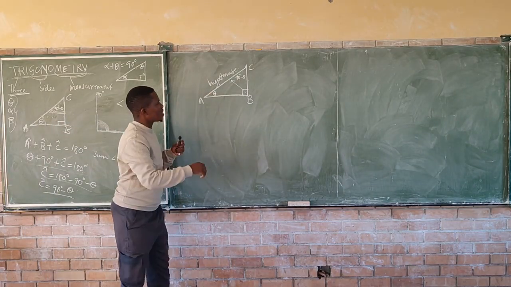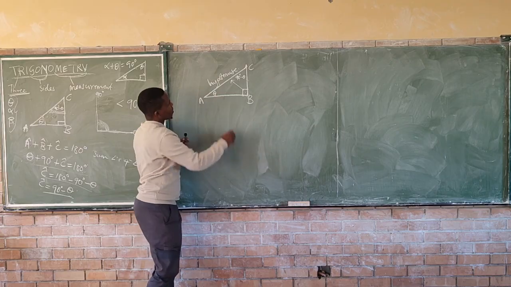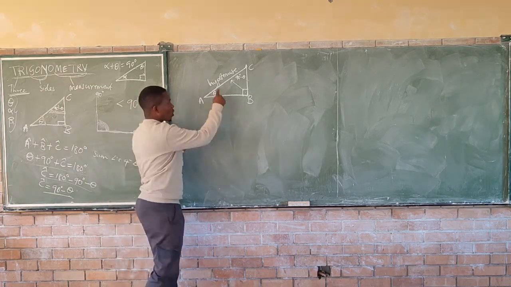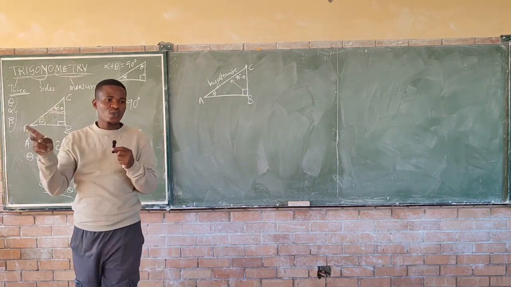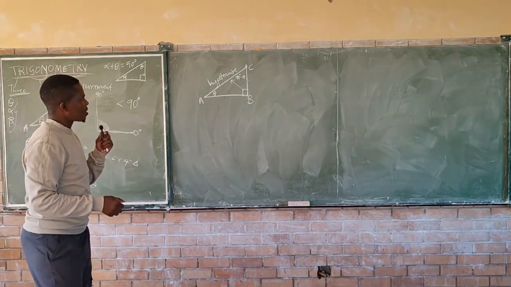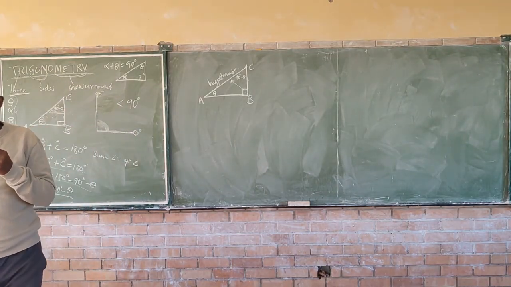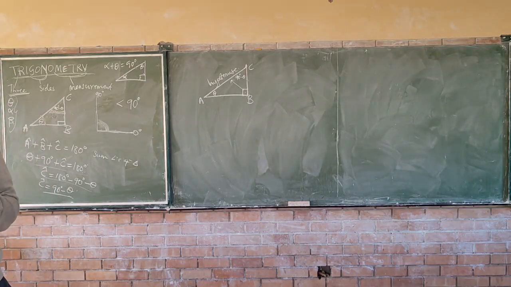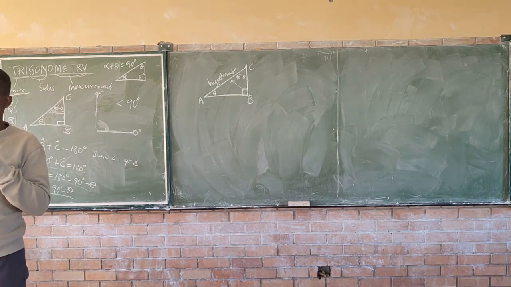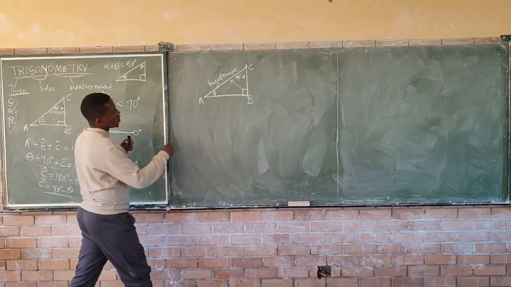Is there any side that is bigger than the other ones? We are not sure yet, but this one we are sure is always bigger than the two. Hence you did the Pythagoras theorem in grade 9. You still remember it. We will require it at some point. All right.